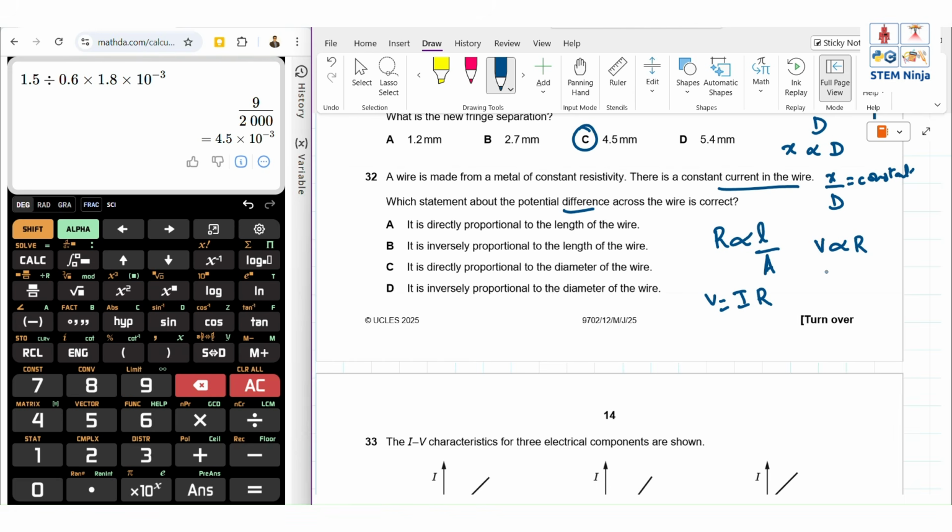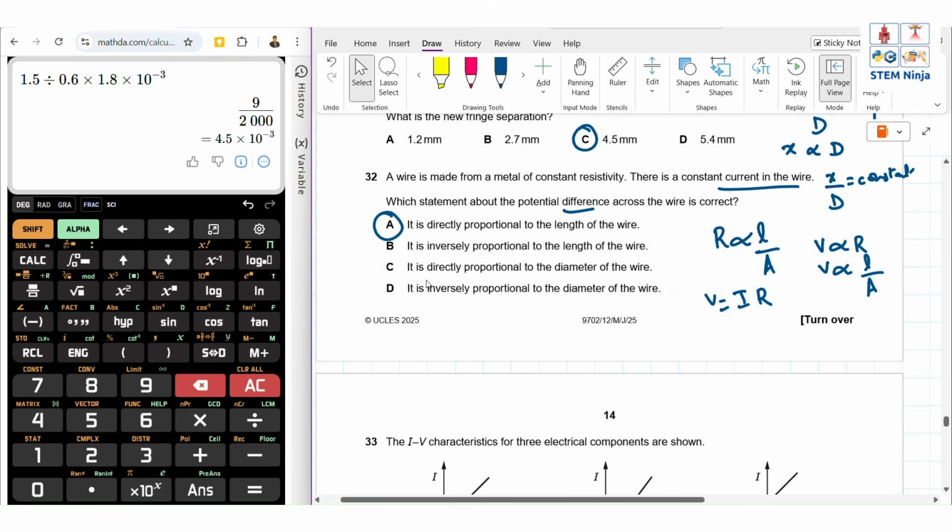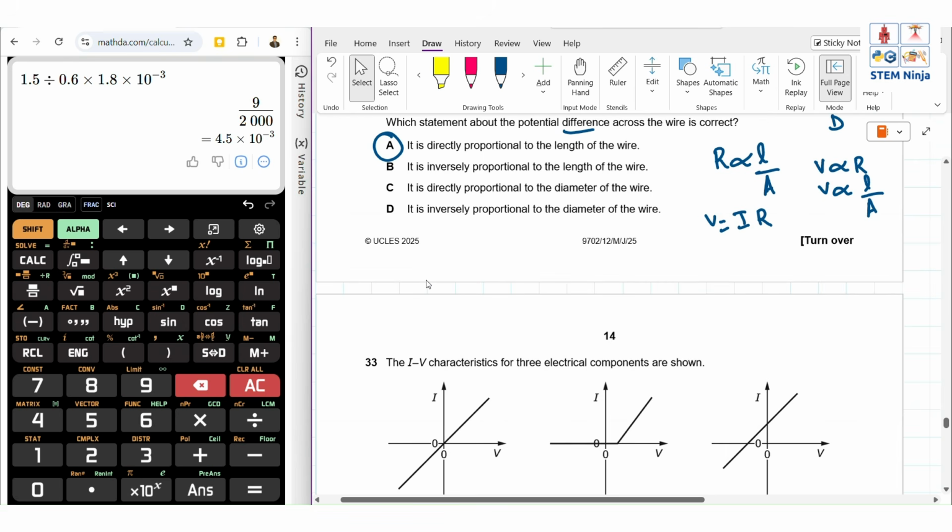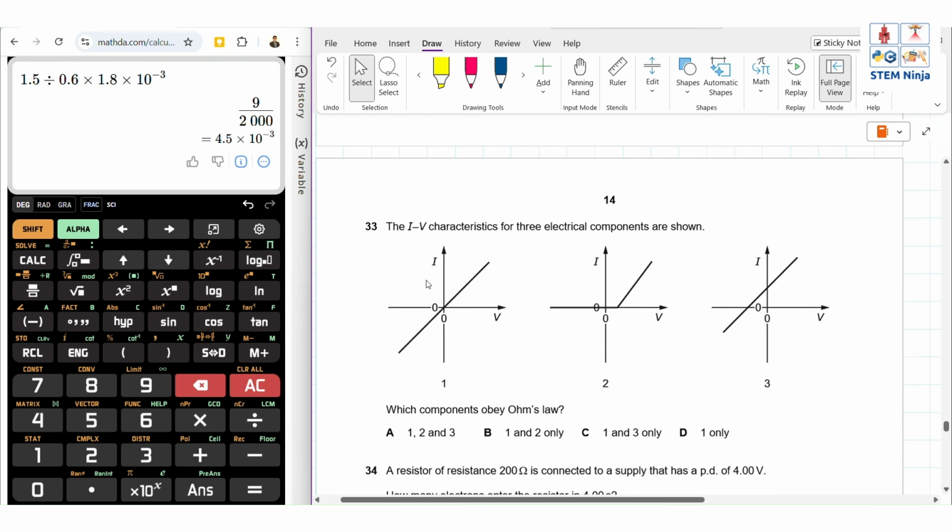Since resistance is proportional to length and inversely proportional to area, it would apply a similar relationship to the potential difference also. So it is directly proportional to the length of the wire and inversely proportional to the cross-sectional area, or inversely proportional to the square of the diameter, not just diameter.